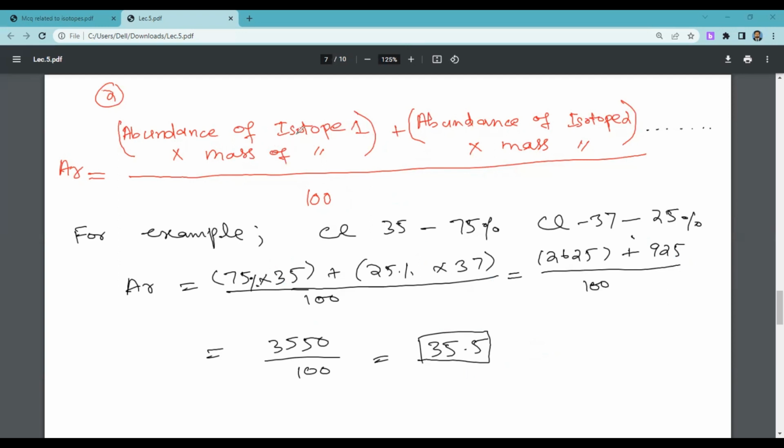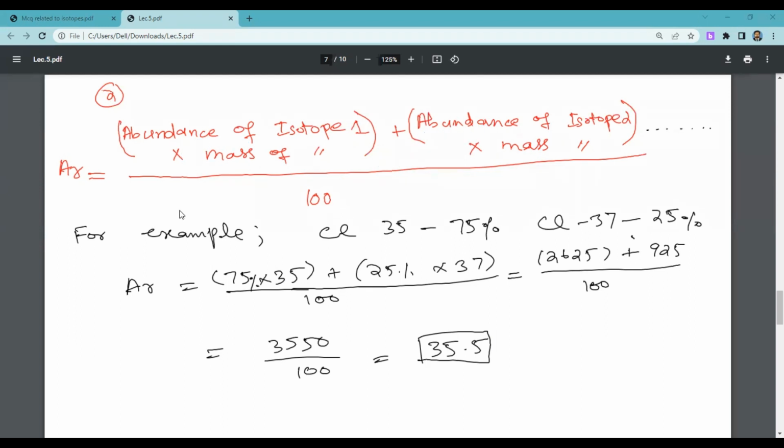I will repeat. In the first method we calculate the abundance of each isotope by dividing by 100 first, and in the second method we multiply these two numbers first and add them, and then we divide the whole result by 100. This is the difference between these two methods.